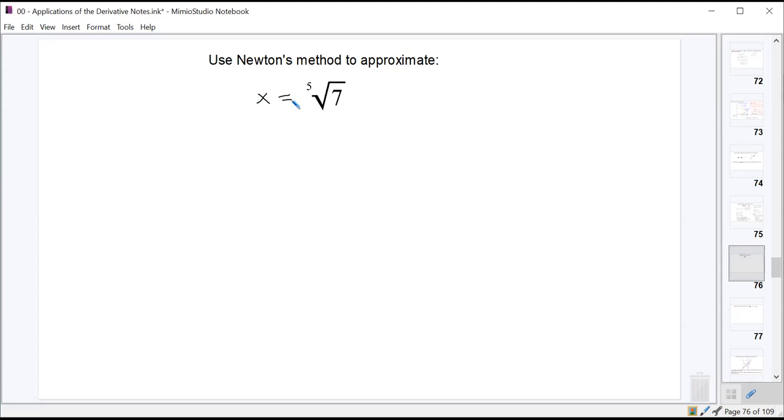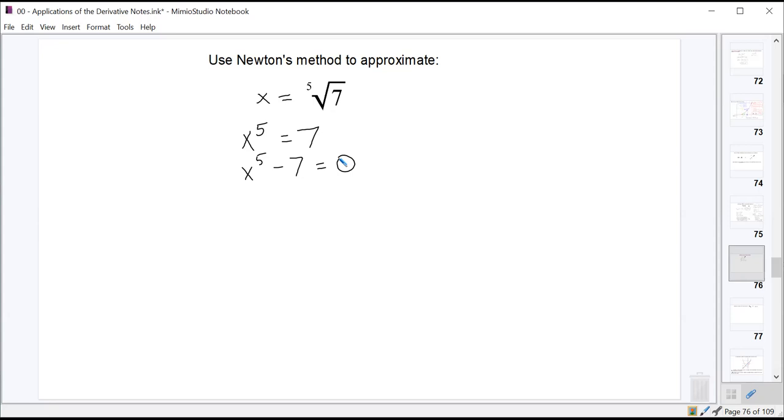Well, that should be pretty easy to do. We'll just raise both of these to the 5th power and say x to the 5th equals 7, or say x to the 5th minus 7 is equal to 0. And so now, if we can find an x-intercept using Newton's method of x to the 5th minus 7, that should be the value of the 5th root of 7.